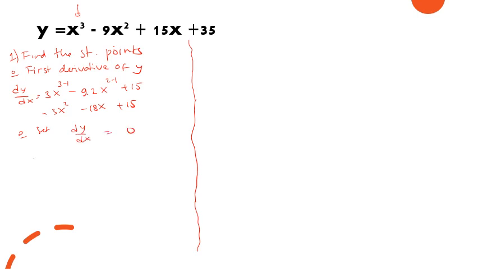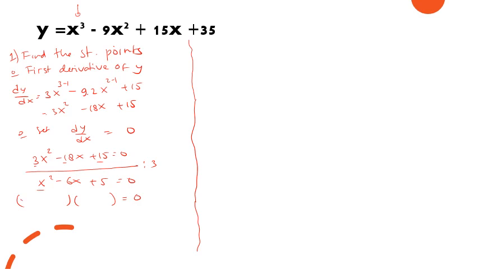Now 3x squared minus 18x plus 15 is 0. You see here that all the numbers have a factor of 3, so we can divide it directly by 3, and it becomes x squared minus 6x plus 5 equal to 0. Factorize that. If you are still not good at factorization, then just use the ABC formula.